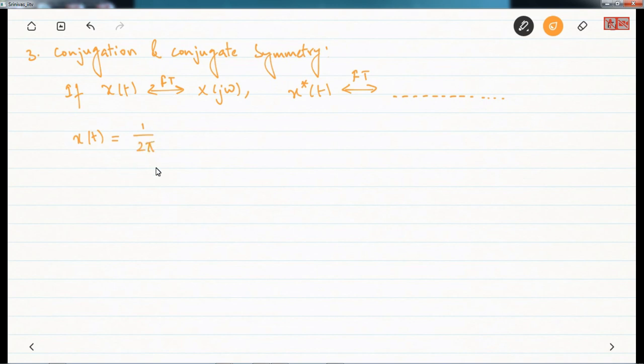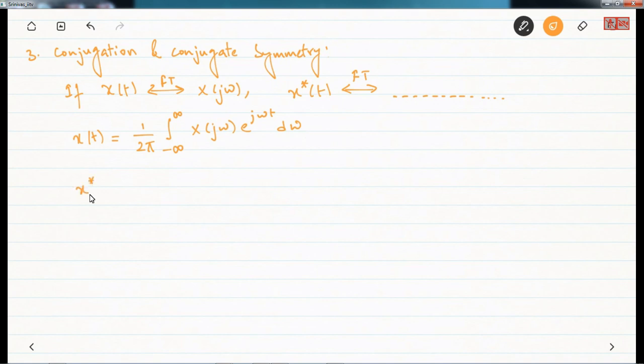What I'm trying to do is write x of t in terms of its Fourier transform. So x of t, we know, is the integral from minus infinity to plus infinity of X of j omega e power j omega t d omega.